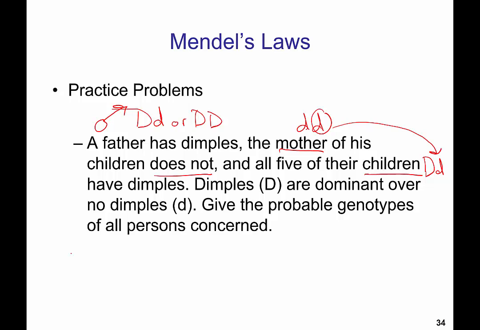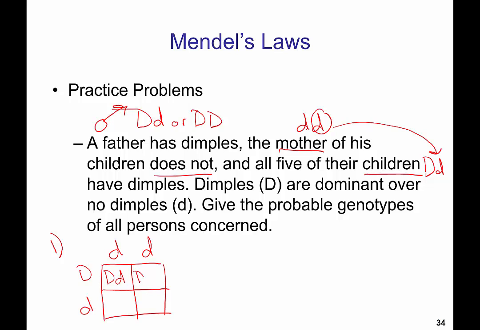So we have 2 options here. Option number 1 is that the father is heterozygous. The mother we know is homozygous recessive. So if the father is heterozygous, we have 1 of each. And filling out this Punnett square, we see, okay, so that's dimples.